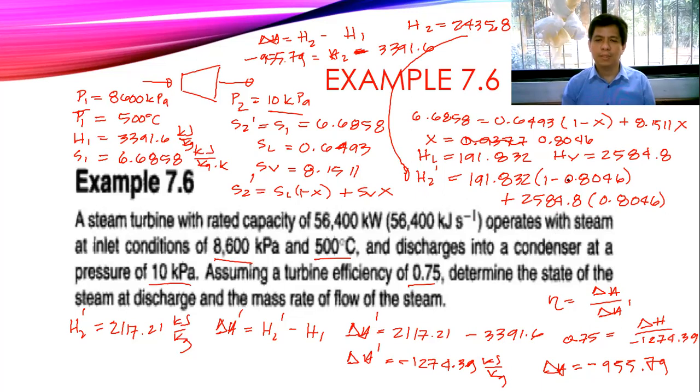So we have here X and then another X. And then you just try to solve for X. So the final quality of the actual process is, we're supposed to get something like 0.9377. So yun yung final quality.